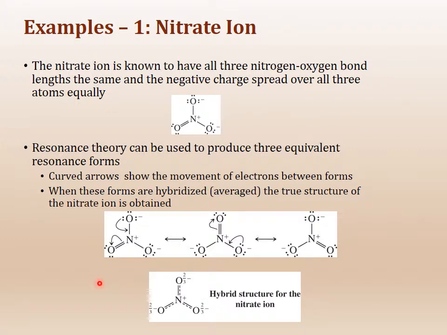The two things that are important for resonance, and how we know that resonance actually exists, are first, the fact about the bond length. The bond length for the nitrate ion is between a single bond and a double bond. That tells us that there is something else going on, because if it was simply a nitrate ion with two single bonds and a double bond, then we would have two different bond lengths for this ion, but we don't have that.